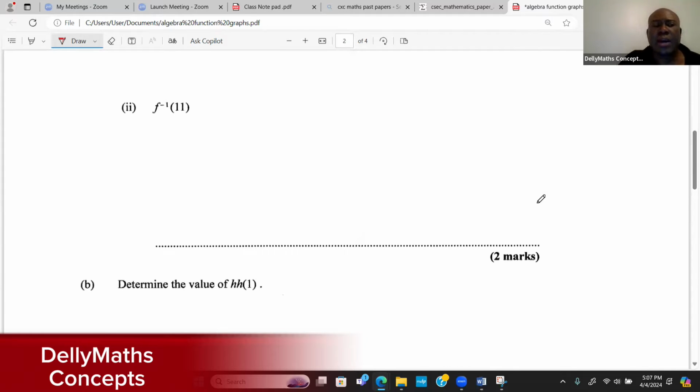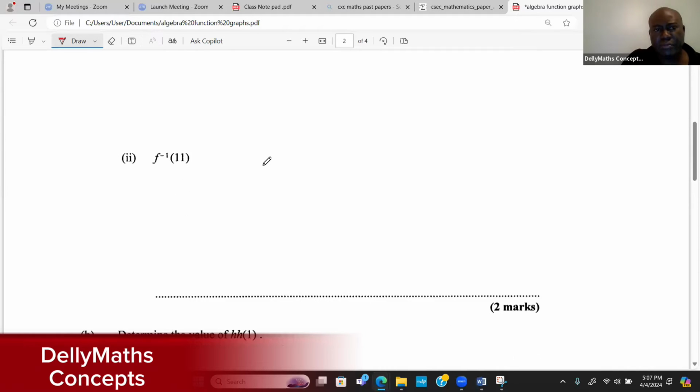The other question is that we're supposed to find the inverse of f of 11. In order to find the inverse of the f function, we need to take the f function. So the f function says that f of x is equal to 4x minus 1.